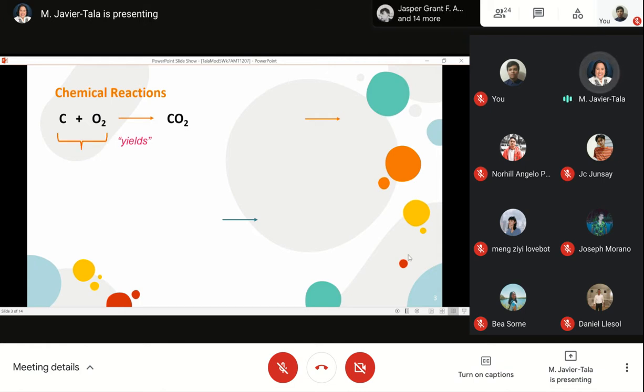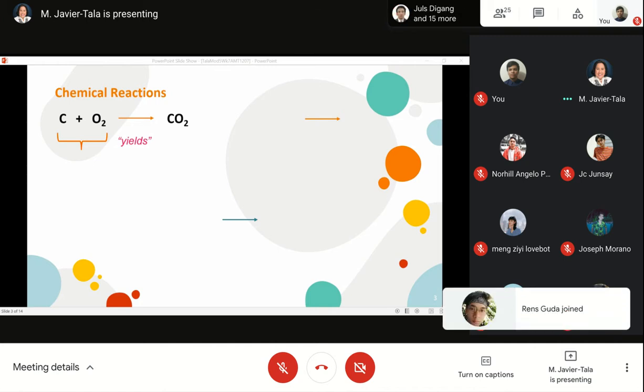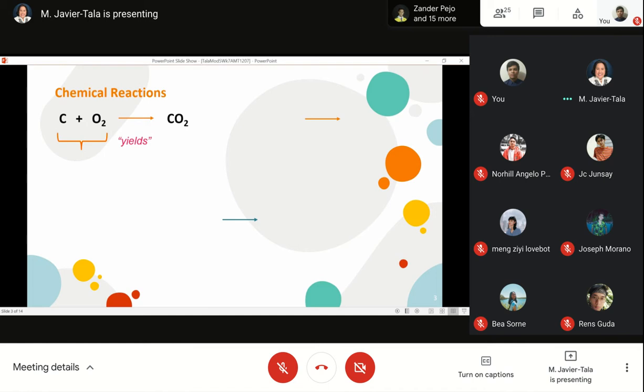Those on the left side are your, ay, who is that? Okay. So on the left side are your reactants. Then on the right side is your product.